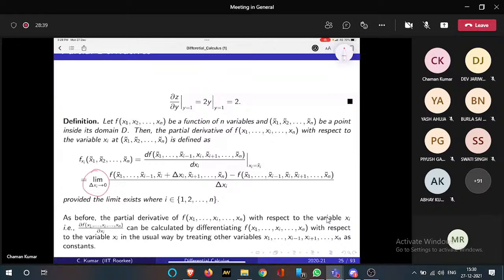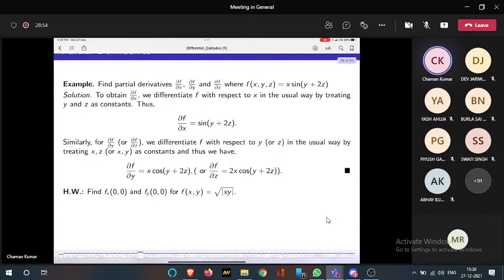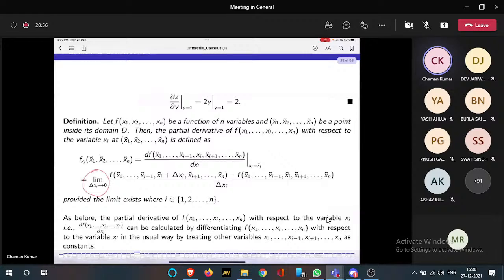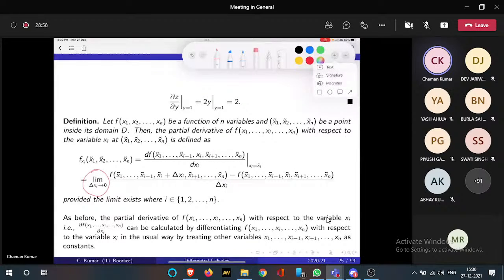So you are coming only from one direction. You are not coming from all directions. This is how you identify. Later you will see that we have the notion of derivative where we will come from all possible directions.